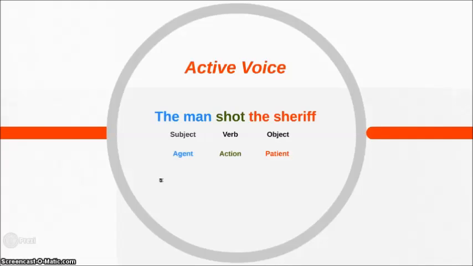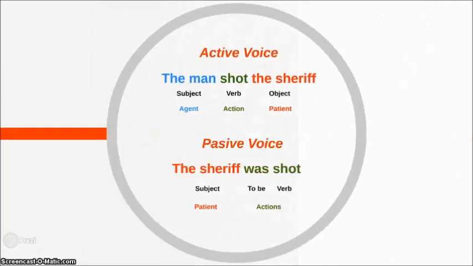An agent is the one responsible for the action. Shot is the action, and the sheriff, the patient, is the one affected by the action that the agent makes. Here we have the sentences in active voice and passive voice.